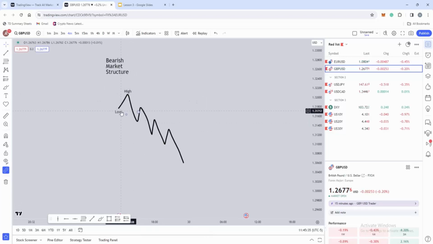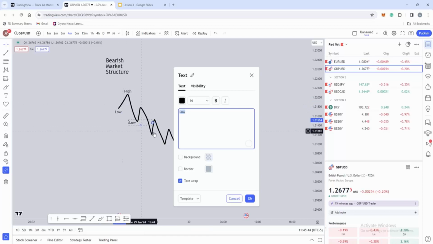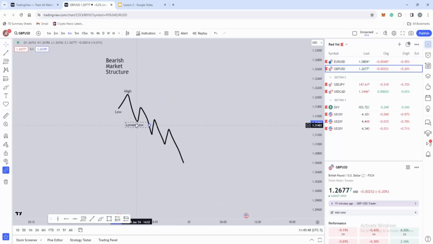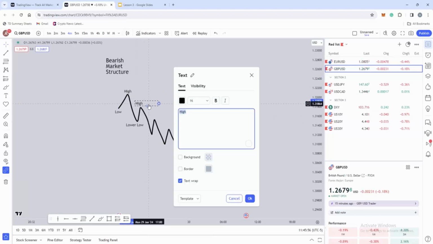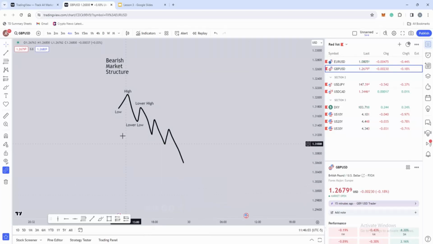So this is our low, this is our high, this is our initial range, and we see price trade lower than this low, making it our lower low. Same from here, price traded down, making the lower low, retraced back up, beautiful inefficiencies, but all we care about is that the high is lower than the initial high, so it's a lower high.